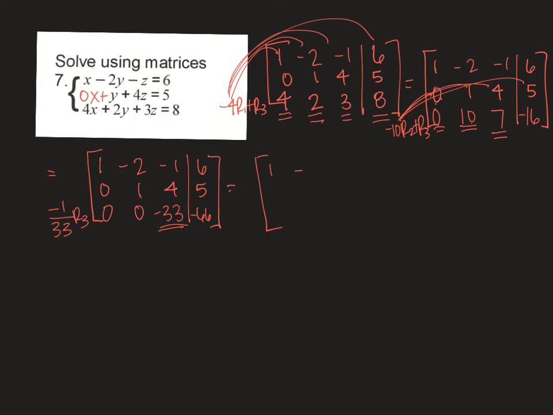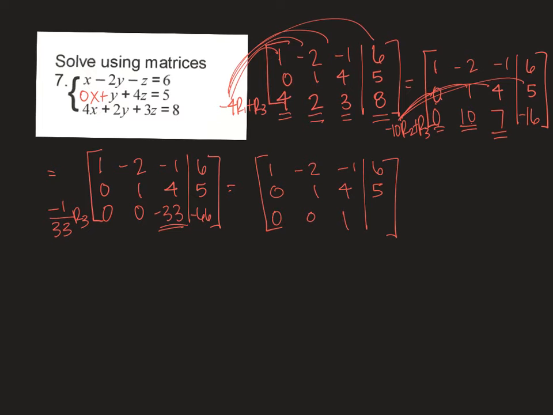My first two rows stay the same. And then I'm going to multiply everything in my third row by negative 1 over 33. So when I multiply that by the zeros, it's still 0. Negative 1 over 33 times negative 33 gives me positive 1.